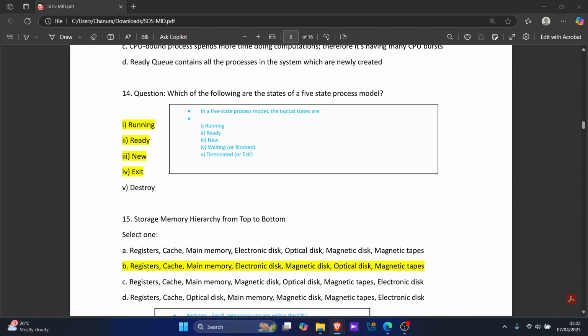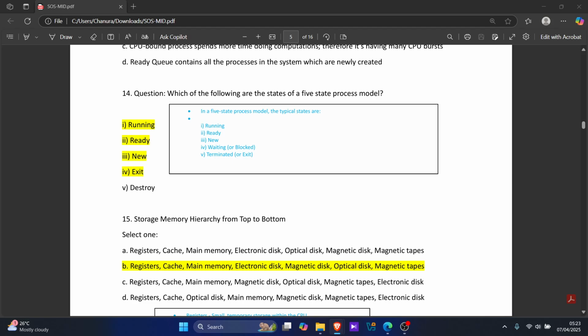Therefore, the user's options are missing the blocked state, and include destroy incorrectly. Therefore, the answer would be the 4 correct ones, but since it's a 5-state model, perhaps the question has an error. However, given the choices provided, the answer must be the 4 states, 1, 2, 3, 4.